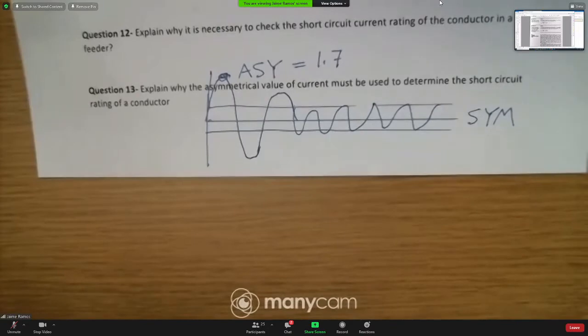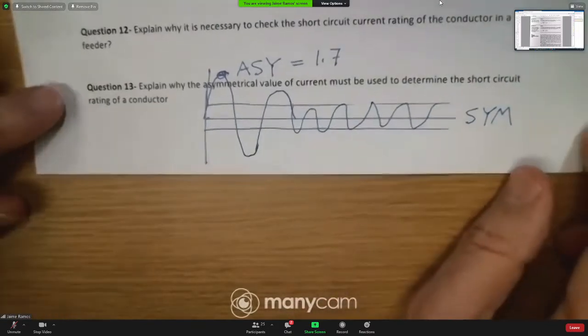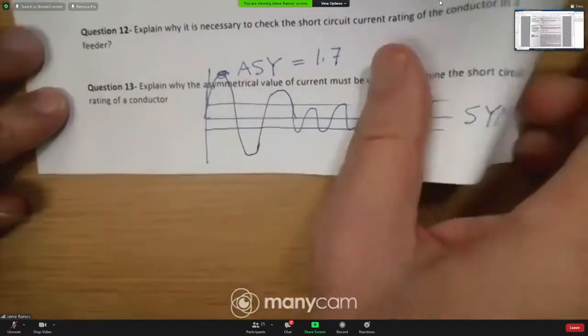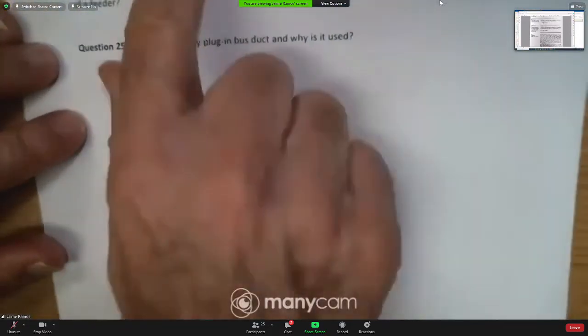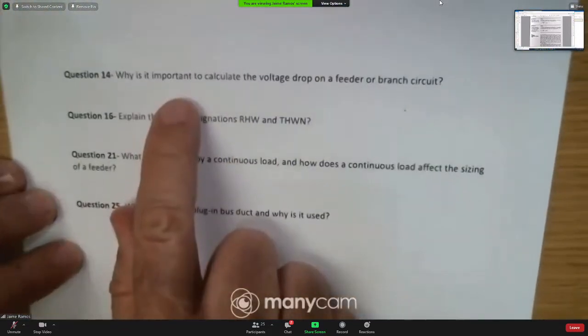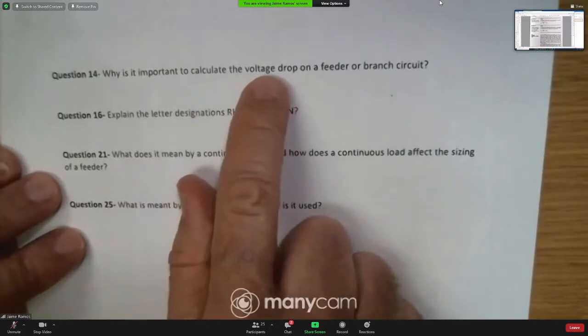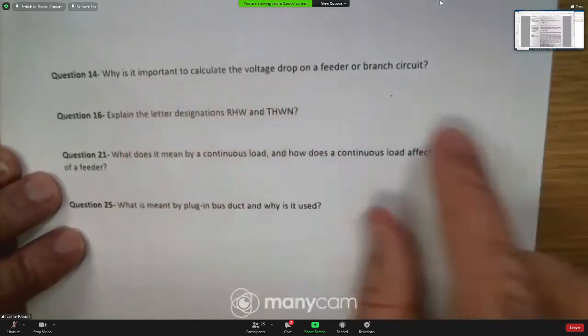Okay, so then that's question 13 related to that. Then question 14, why it's important to calculate voltage drop?